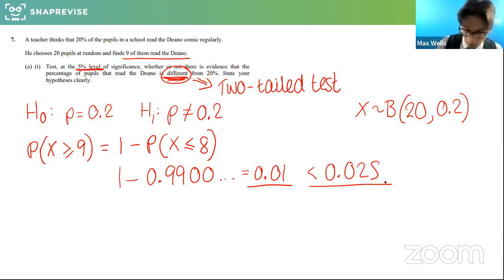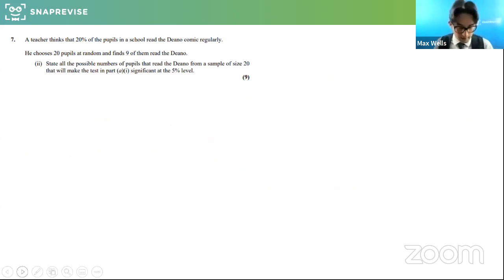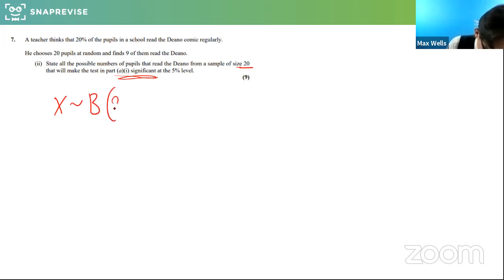For the next part of the question, which I'm just going to talk about because it's very similar and ties in, it says: state all the possible numbers of pupils from a sample size of 20 that will make it significant at the 5% level. So here we're looking at the binomial scenario, again very similar to what we've just done.